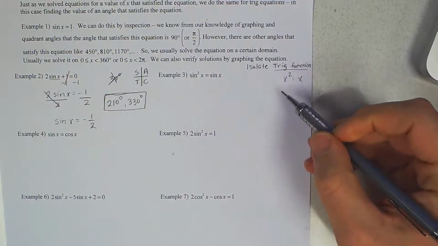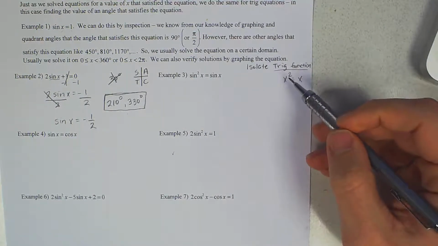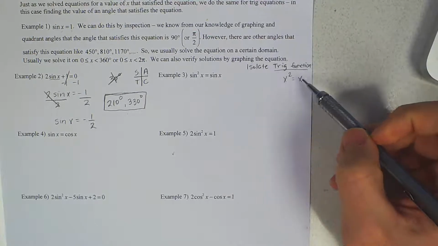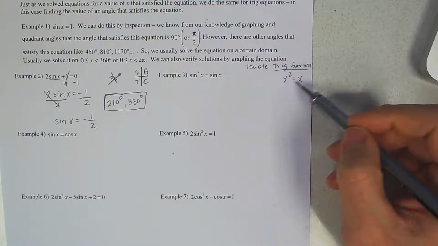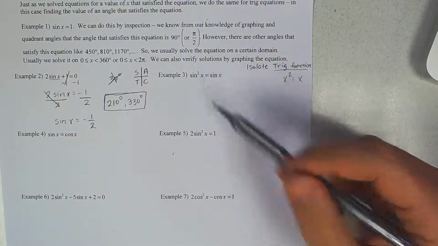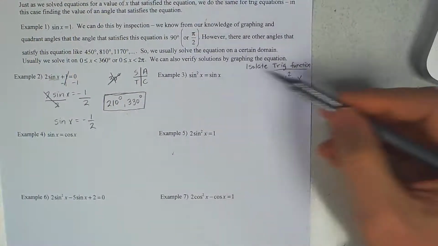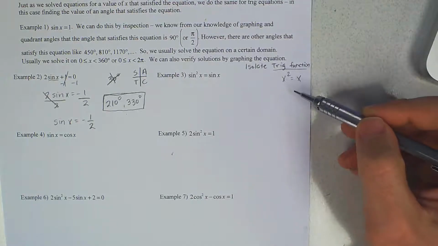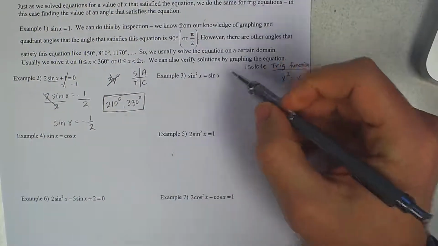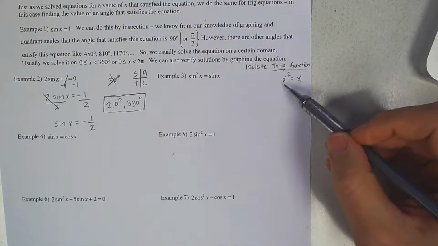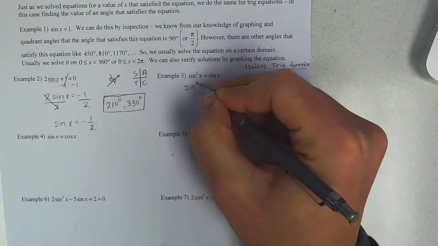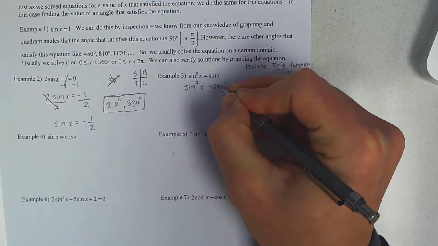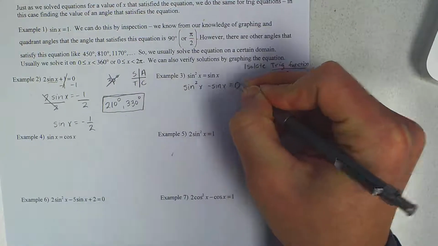So you wouldn't be able to isolate the x here without doing some algebra. We're not really isolating the trig function here because we can't, just like we can't isolate x here. So what you're actually going to do is solve this just the way you would solve this one. You need to move this sine x over here. So sine squared x minus sine x is equal to 0.